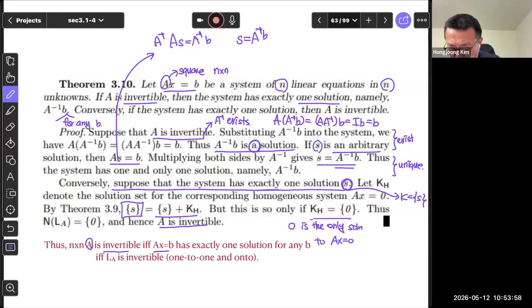And that means my L sub A must be one to one and onto, so that it is invertible. So in that case, your A will be invertible. So I just derived three statements which are equivalent.